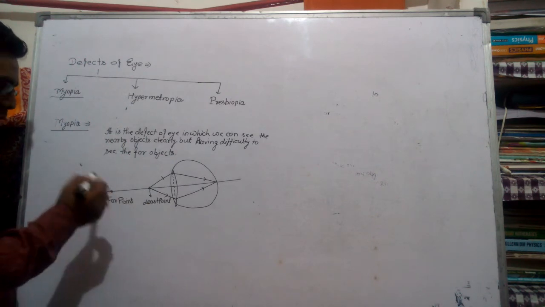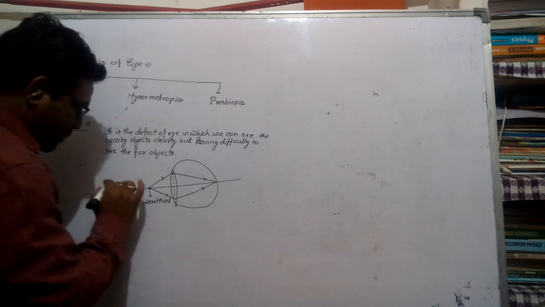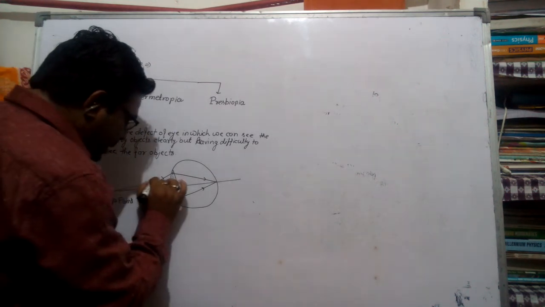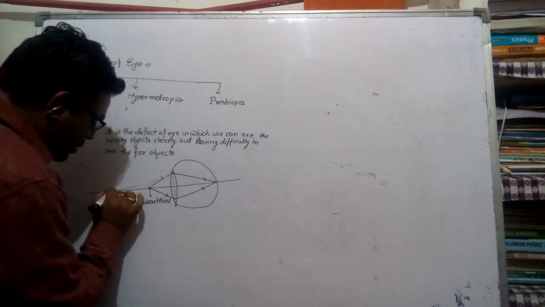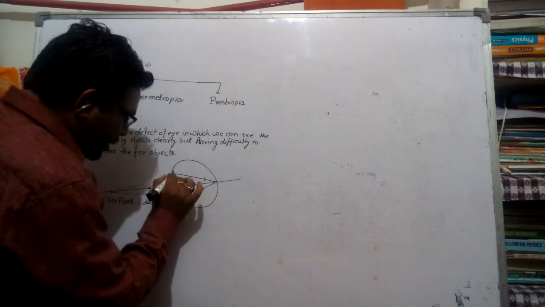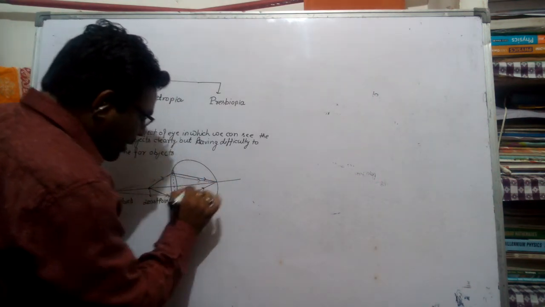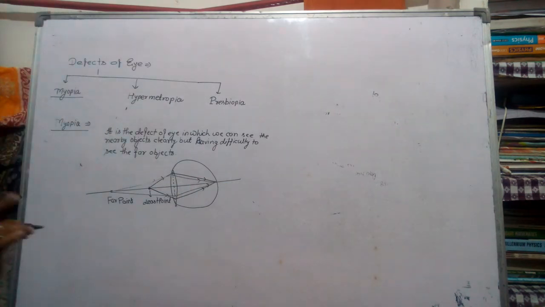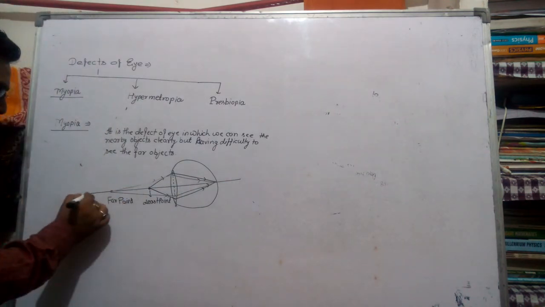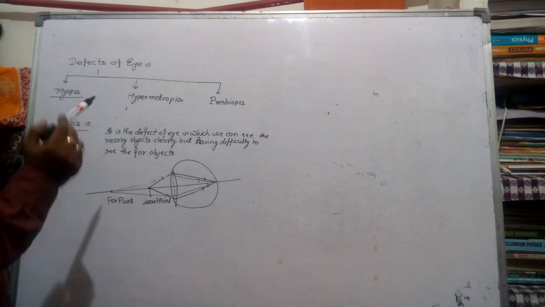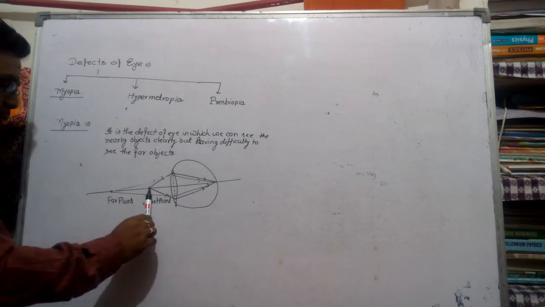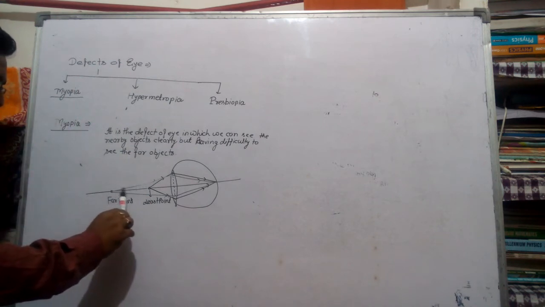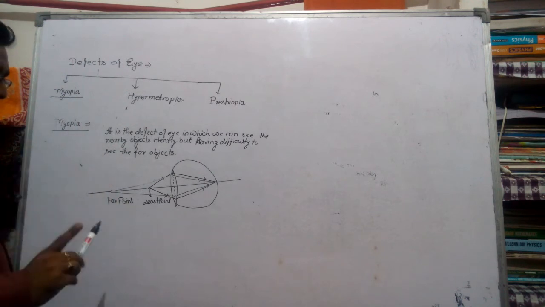This is the far point. When this object is placed here, again we see the image clearly. Image is formed at the retina. Okay beta, but now when the object is placed between least point and far point, at any point the object is seen clearly.